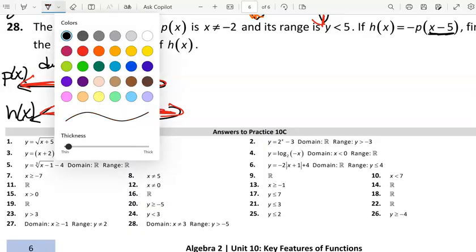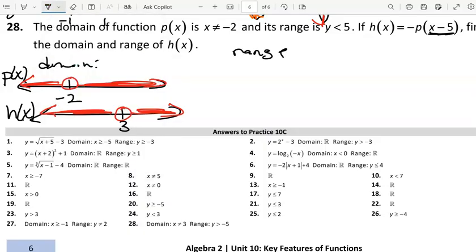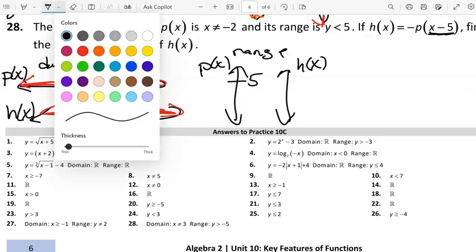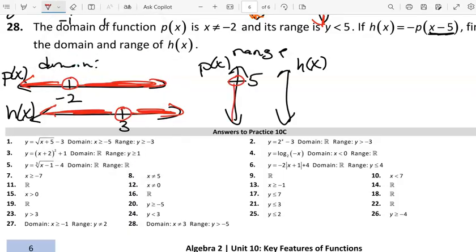Let's do the same for range. I'll draw a vertical number line for each, one for p of x and one for the transformed function h of x. The range for p of x is y is less than 5. So y is less than 5 looks like this.